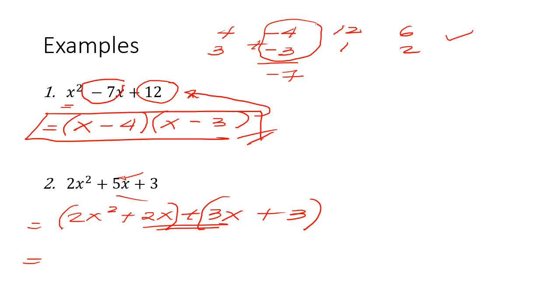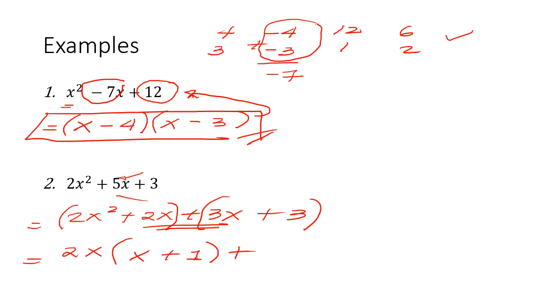So I will have to factor out 2x, right? Then I will have x. From 2x squared, I factor out 2x, so I just have x here plus 1.